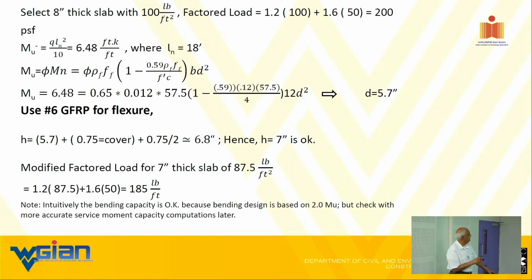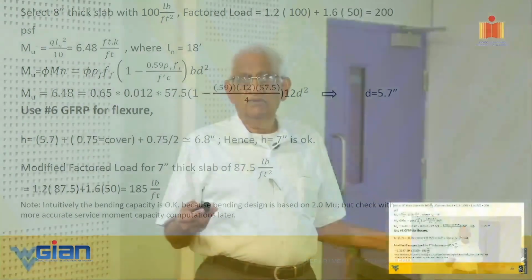So what did we find? All you need is an effective depth of 5.7 inches. So if somebody is very critical, they can reduce it from 8 inches to even 7 inches and still get away with 5.7 inch effective depth, total depth of 7 inches.